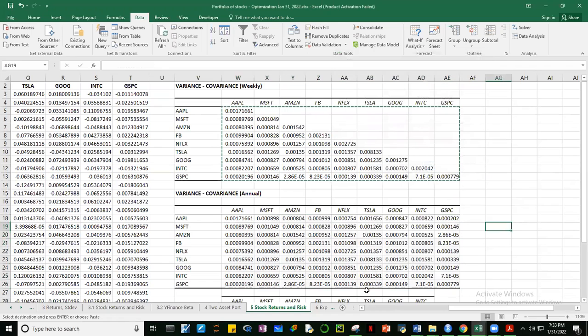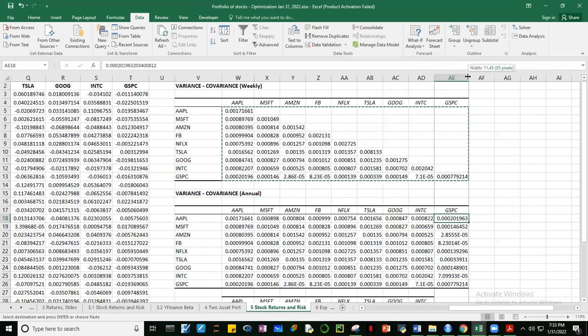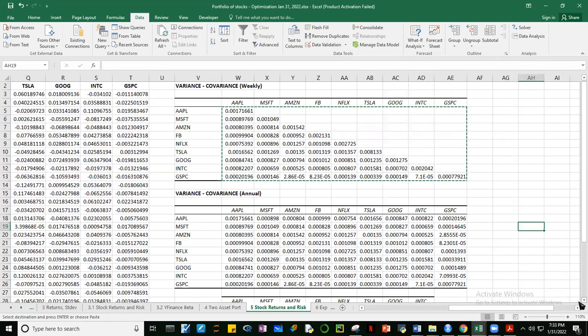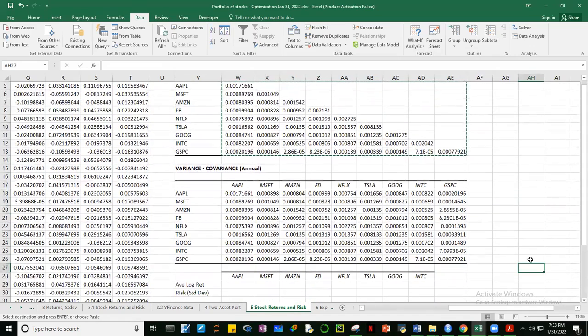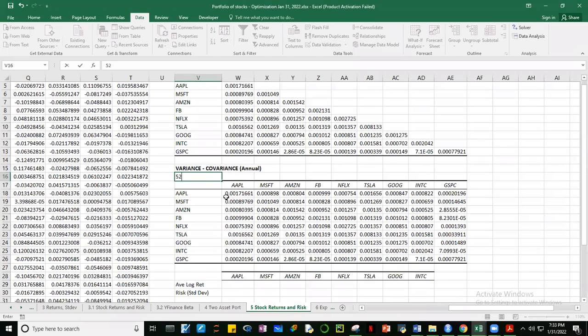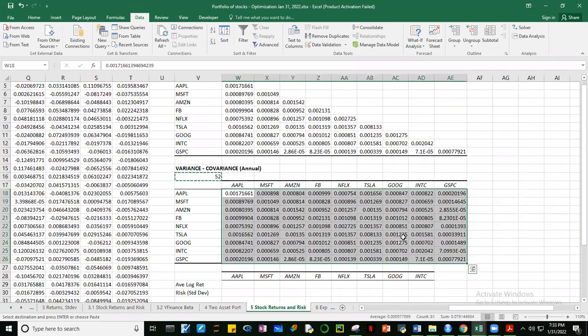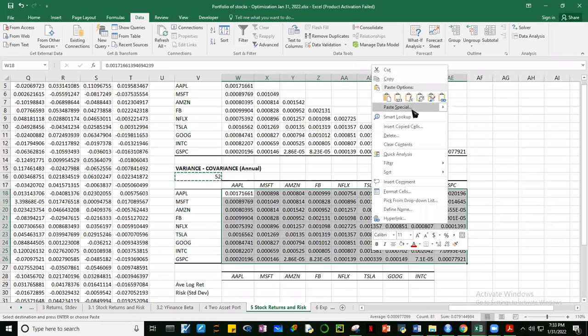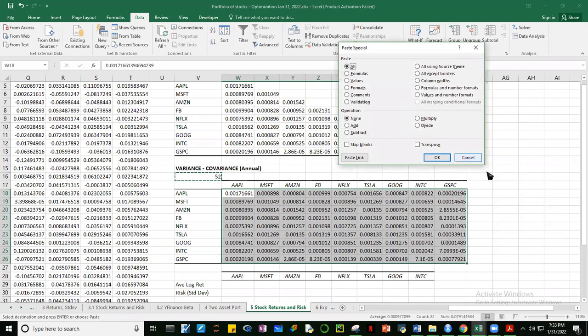There you go. If you check, this is 0.002116. So we've completed the variance covariance. Then of course we convert it: multiply that by 52. Again, our shortcut, Control C, copy this, then paste special, multiply.